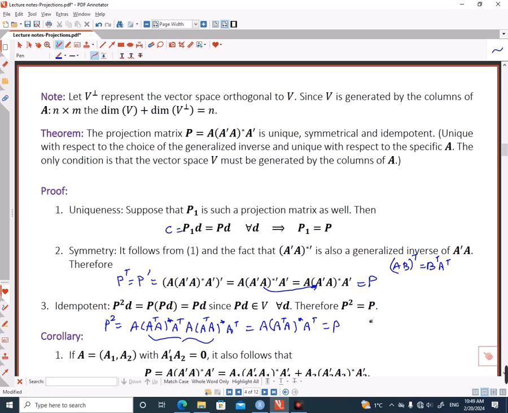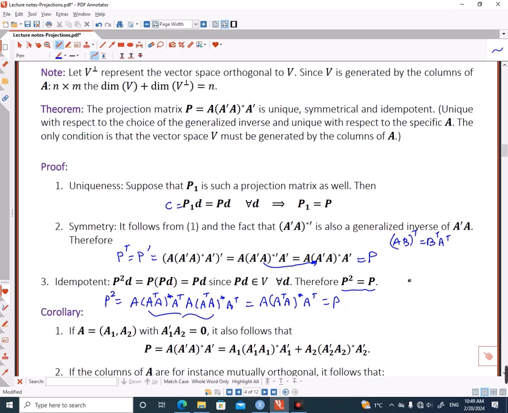This is actually the definition of an idempotent matrix, but here we use it for the projection matrix. This is important because if I have a projection matrix P, then I minus P is also an idempotent matrix, which after some simple algebra you will get this equality.